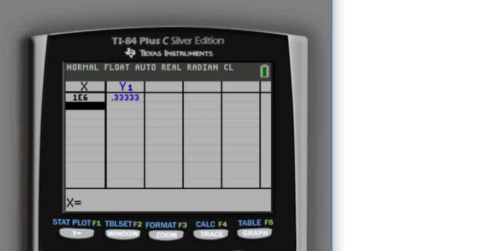Then as x approaches negative infinity, or the left side end behavior, we might try negative 1 million. Again, that y value looks like it's approaching negative 1/3.